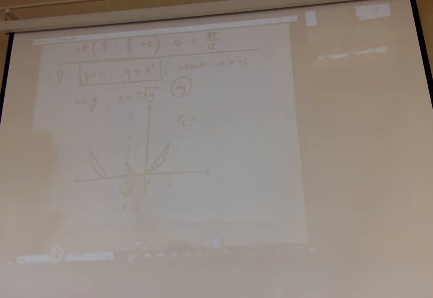And from here to here is what? It's 1. So that's right. So we have 1 plus square root of y. Do you understand? So 1 plus square root of y.